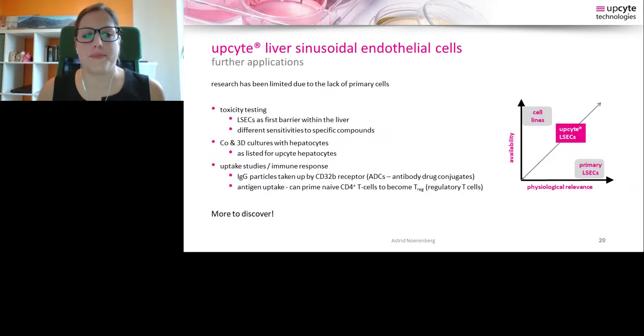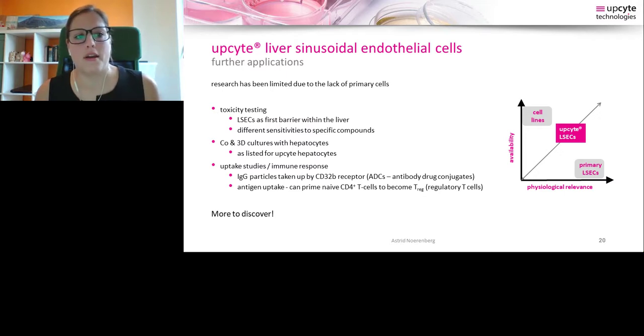The research has been limited due to the lack of primary cells. As I said in the beginning, they're quite hard to isolate. And if you go into PubMed, you will find a lot of publications about hepatocytes, but just a few about the LSECs, because if you can't really isolate the primary cells, you can't really do a lot of research on them.